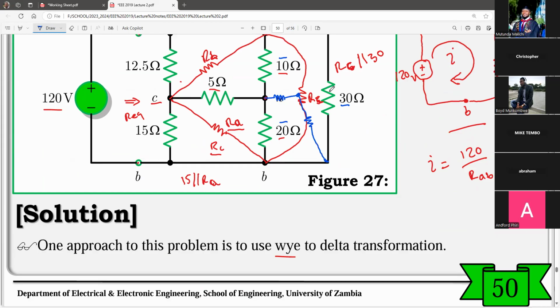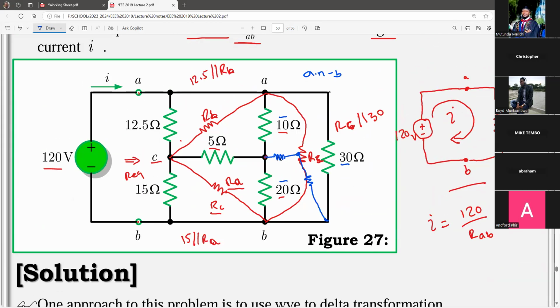There, and also go there. Oh, so, and also calculate that value of resistance there. Like that. Okay?